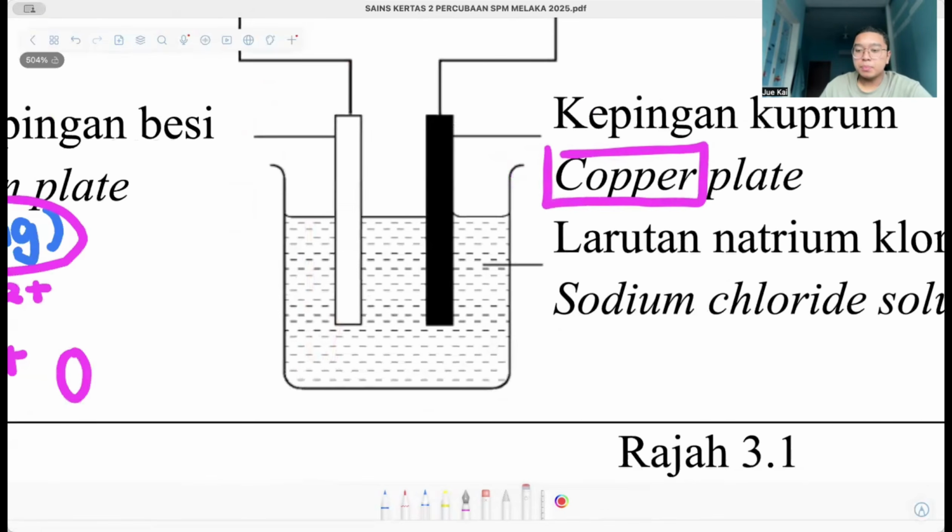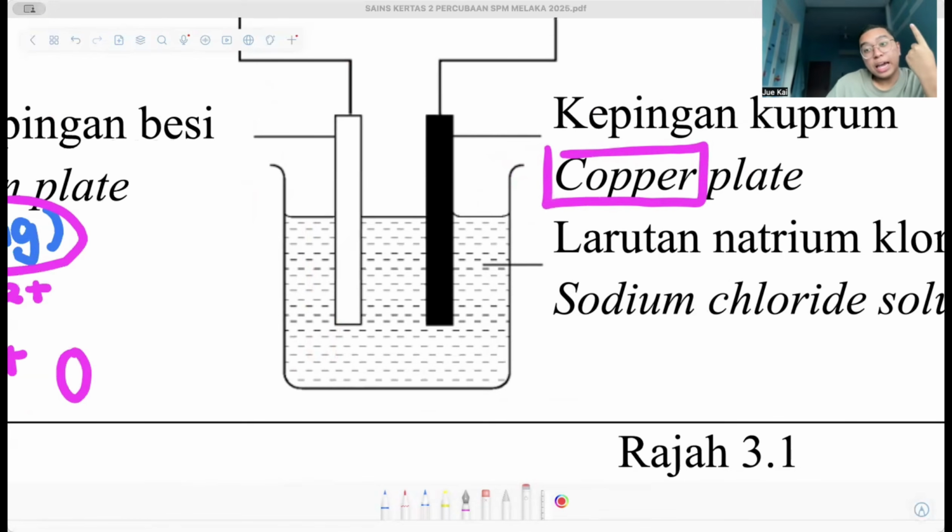Iron plate. Okay, for this experiment, I want to prove that if I use copper 2 ion, which is Cu2+, it doesn't have a reading. So I cannot have only one chemical cell. I need to do one more. So how do I do it?